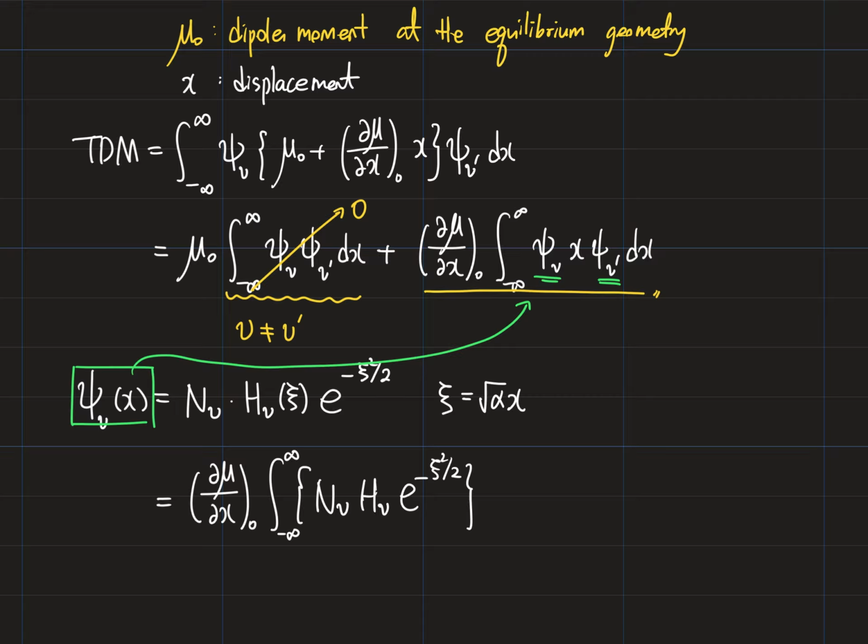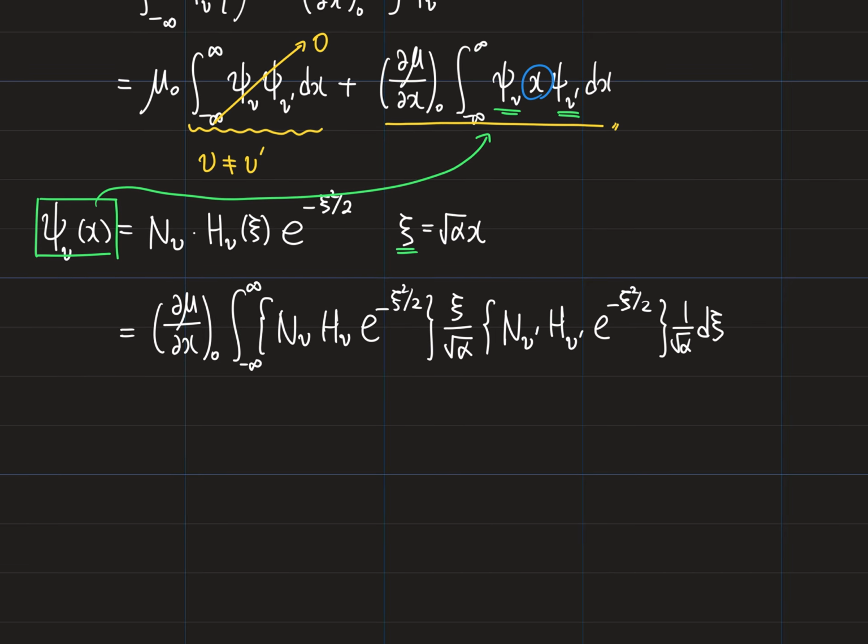We have x, but now we want to replace it with xi: xi over the square root of alpha is the expression for x, and then the Hermite polynomial of v prime's order.